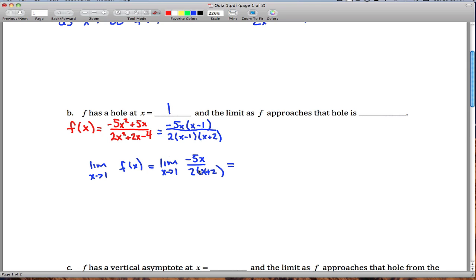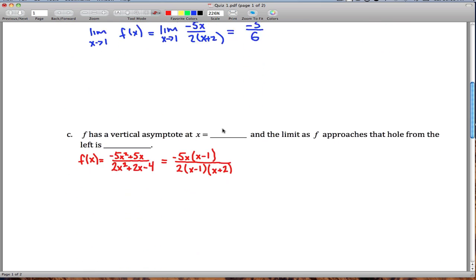The advantage to this form is that we can now plug in 1 for x and not end up with 0 over 0. If you plug in 1 for x, you'll get negative 5 divided by 2 times 1 plus 2, 2 times 3, 6. So the limit as x approaches 1 of f of x is negative 5/6. That takes care of part B.